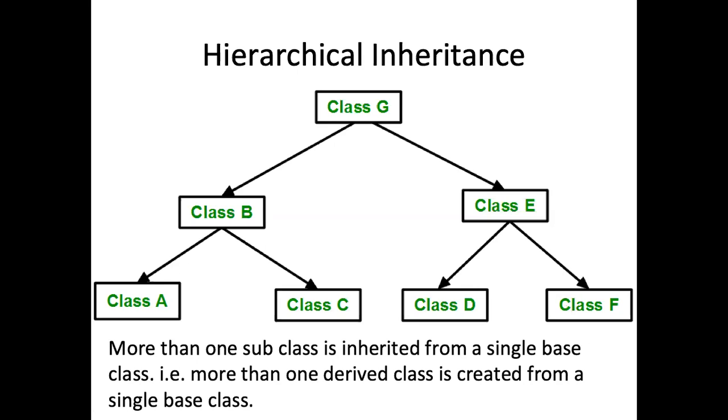So class A will have instances of class B, class C will have instances of class B, and similarly D would have instances of E, and F would have instances of E. Similarly, B would have instances of G, and class E would also have instances of G. I mean, all the data members as well as the functions.